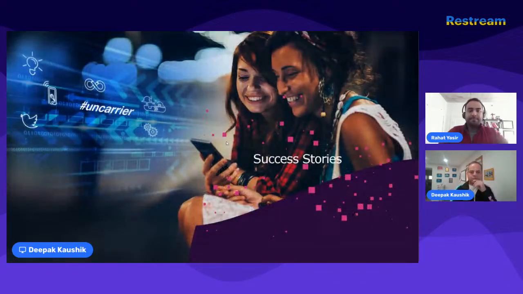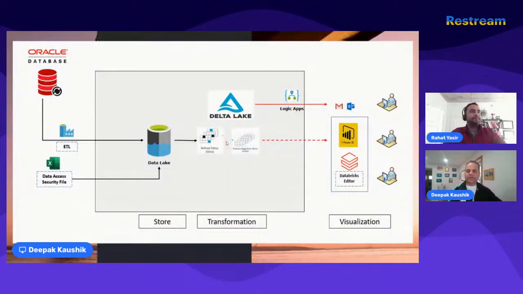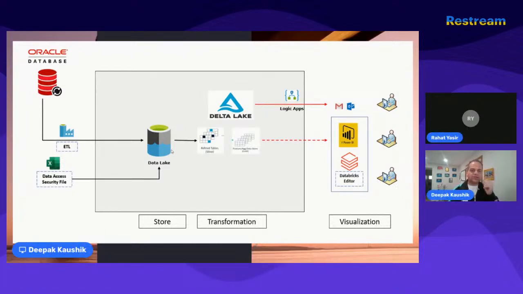I will not be discussing hypothetical scenarios. These are success stories which have been implemented, so that would be helpful for every one of us. For example, here we migrated one of our Oracle clients into the Delta layer architecture, and we will cover why we use that and what the rationale was for them.